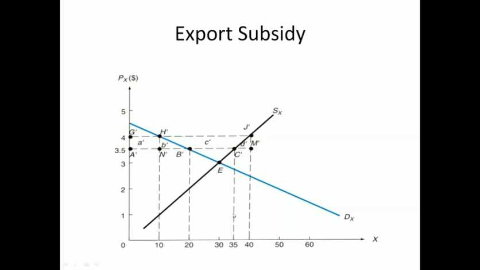We have commodity X on the x-axis here and price of X we are taking on the y-axis. We have this demand curve of X commodity in the home market and the supply curve of X commodity in the home market. Now looking at this E point, this is indicating that this commodity's price is $3 in the home market.